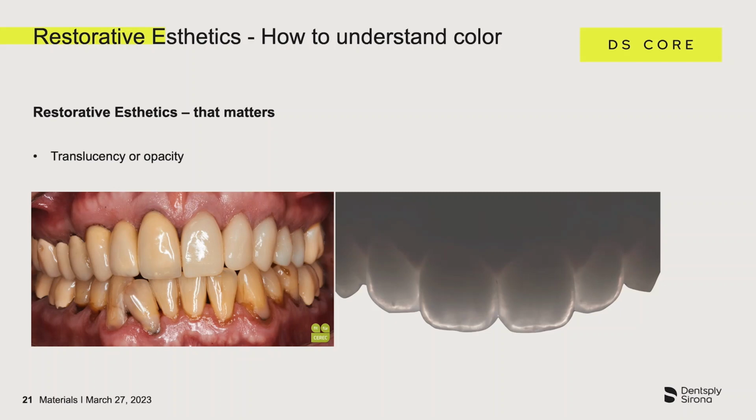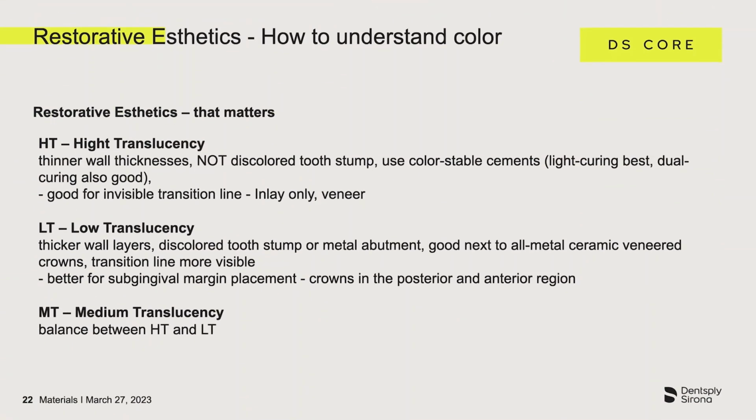If we have highly translucent restorations, we have older crowns or bridges in the neighboring area, which usually appear relatively highly opaque. What is the age of the patient? How much have the enamel areas already been worn away? Corresponding information on translucency can be found in the manufacturer's specifications in the abbreviations HT, LT, and MT. These designate the degree of translucency of the block in question.